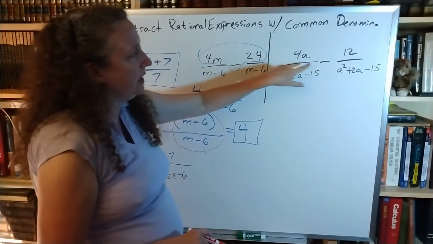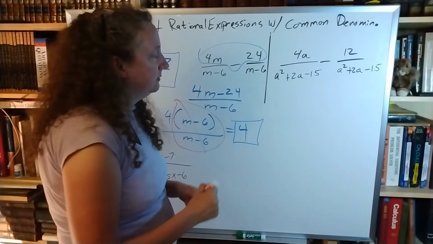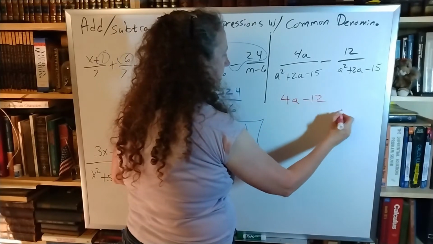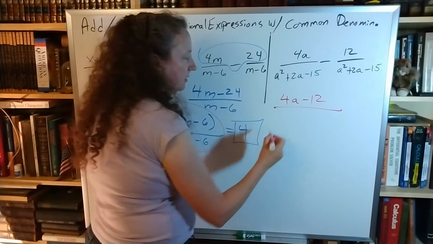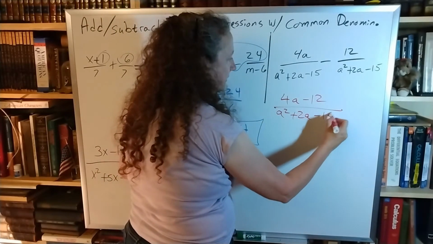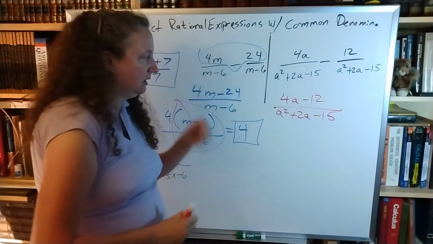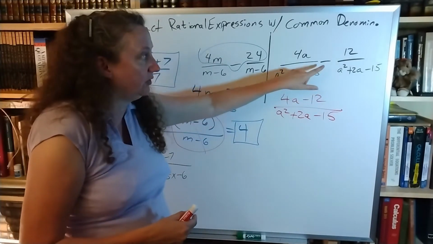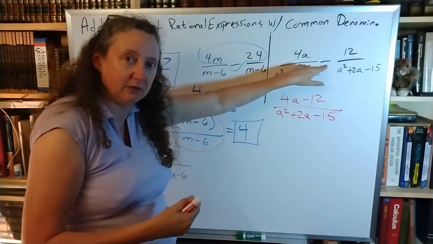So I just take my 4a minus 12 and it's over this denominator here, a squared plus 2a minus 15. So I didn't have to worry about factoring it up there because it was the same thing, so I was allowed to add and subtract.